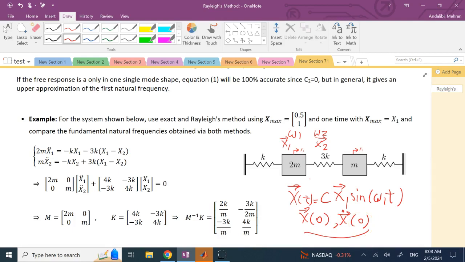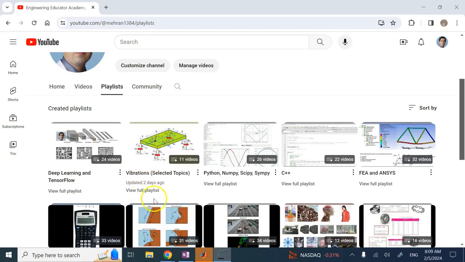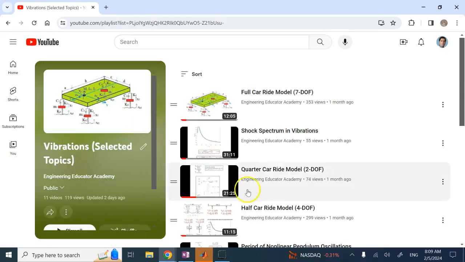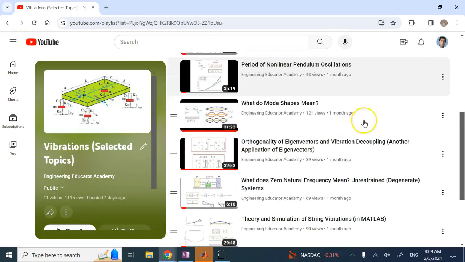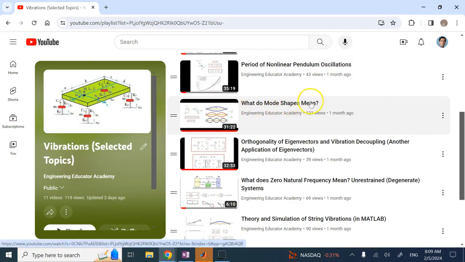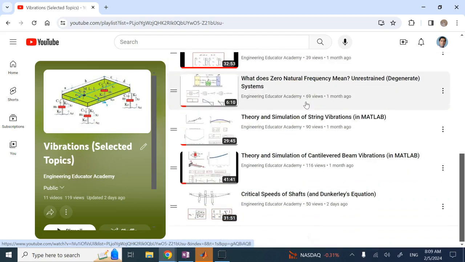If you remember, I have a video on my channel under the vibrations playlist. If you go under the vibrations playlist, one of the things that I clarified for you is this: what do mode shapes mean? That's the meaning of mode shapes.